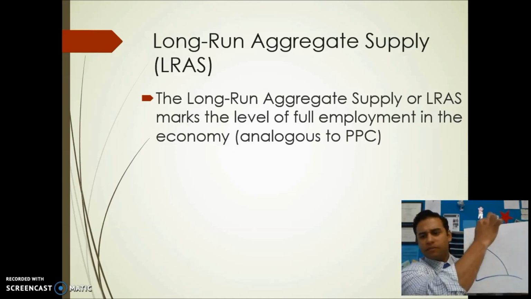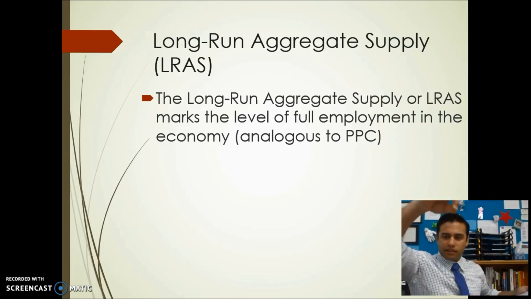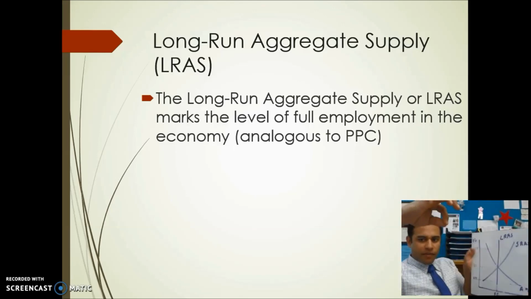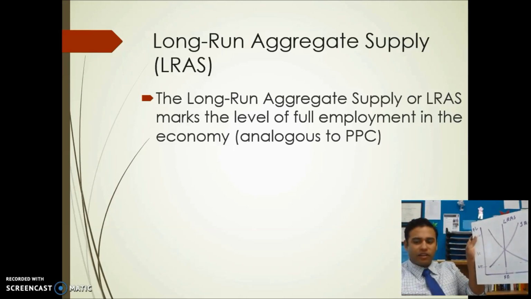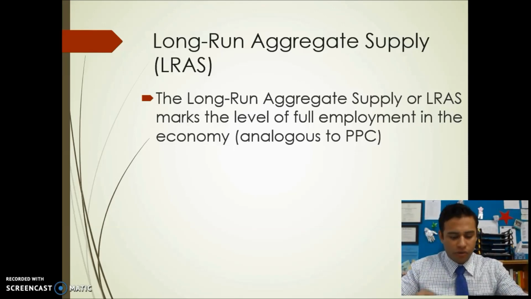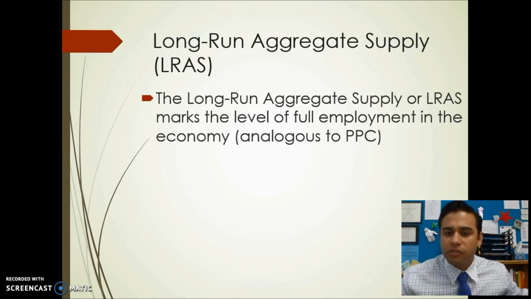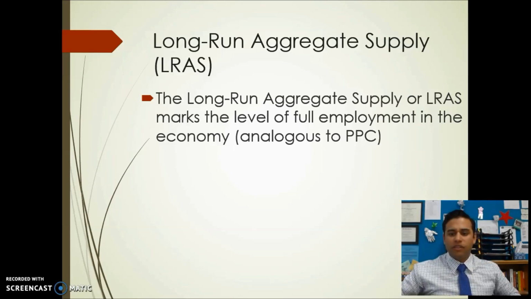If I just peel this production possibilities frontier off, and it's just dangling in my hand, and I stick it on here, it is the long-run aggregate supply curve. Now that is not precisely true, because we are talking about different variables, but that is an extremely useful way to think of this. The production possibilities frontier is almost the same thing as long-run aggregate supply.